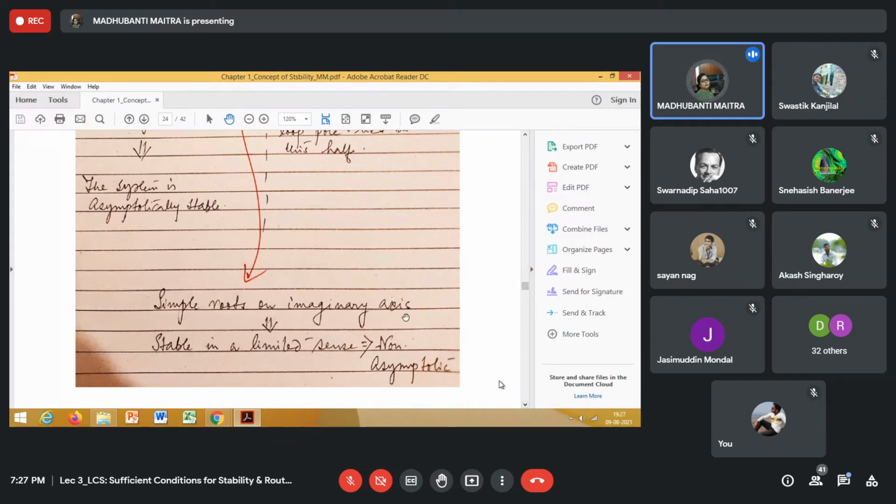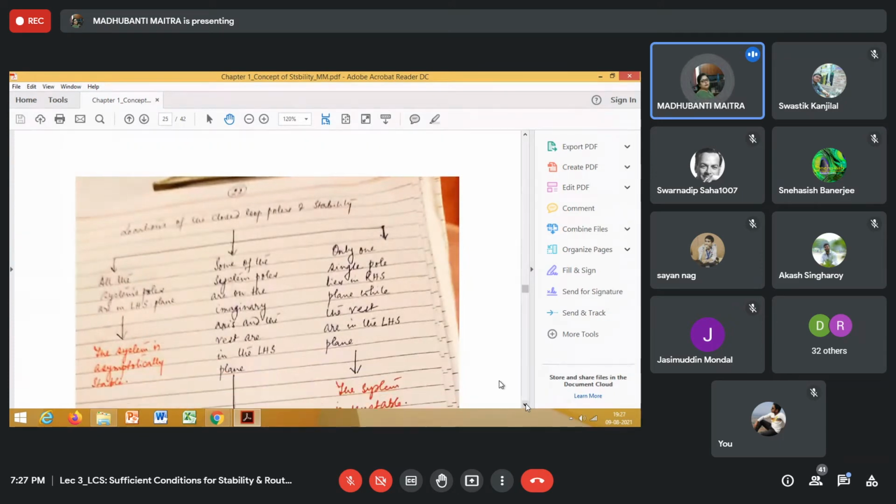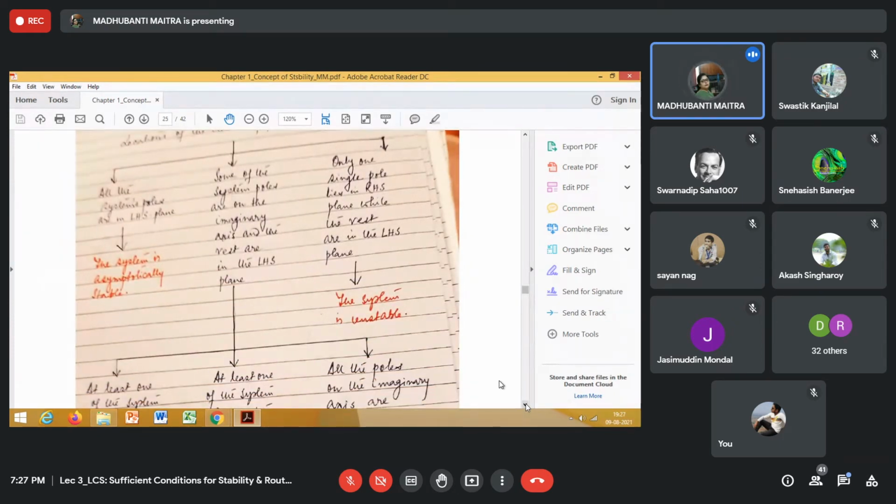Even if the system is stable, that means limitedly stable or marginally stable, the system will be non-asymptotically stable as the response term is not decaying down to zero as t tends to infinity. So all these conclusions or observations have been summarized like this.